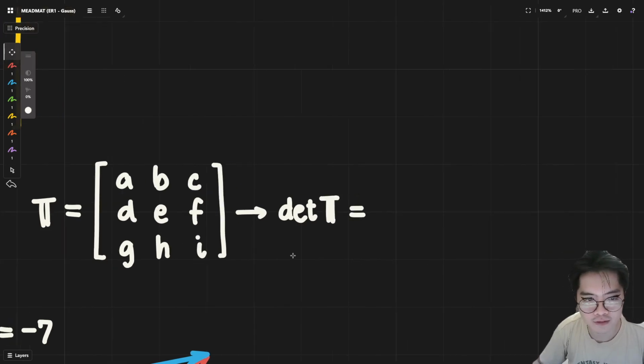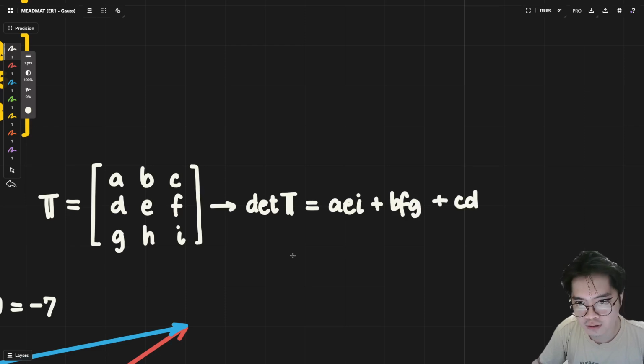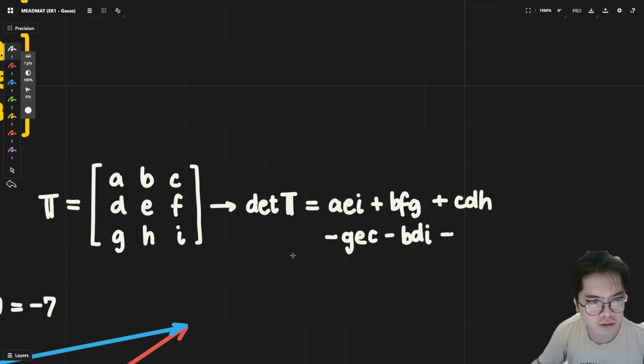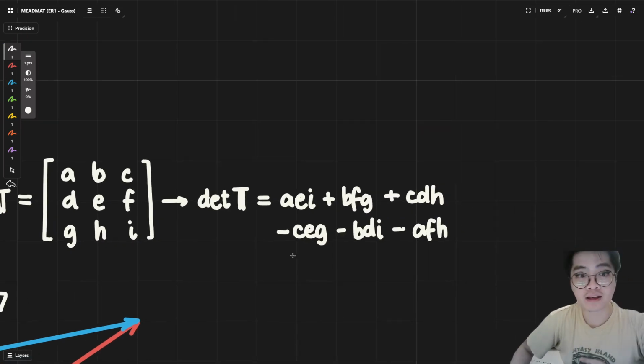Let me see if I'm getting this correctly: AEI plus BFG plus CDH minus GEC minus BDI minus AFH. Or let's just put this as CEG. So that is the determinant of T.